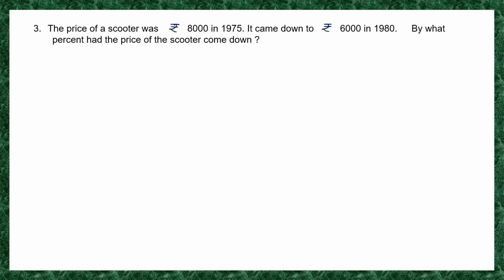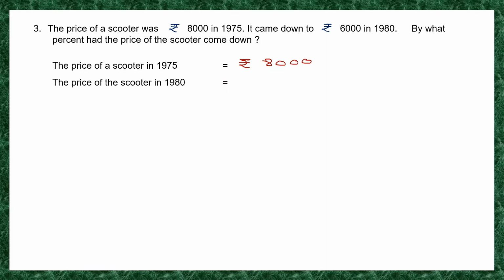By what percent had the price of the scooter come down? So again, we have to find the percent. The price of a scooter in 1975 was 8,000 rupees. So let's write that down. That was 8,000. Then the price of the scooter in 1980 came down to 6,000 rupees. From 8,000 it came down to 6,000.